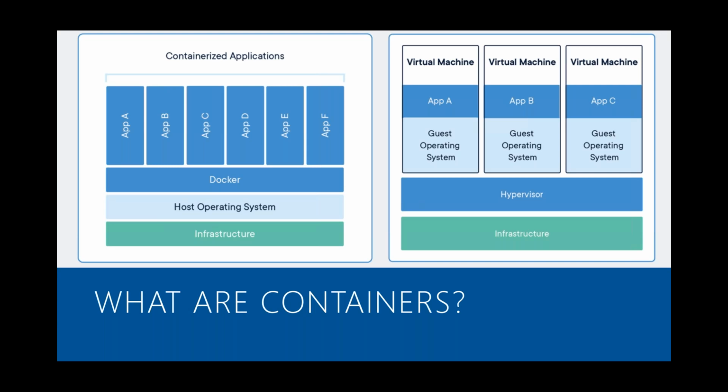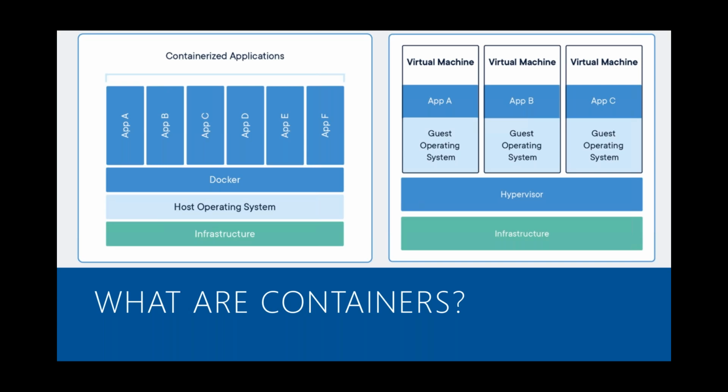We have the containerized applications, and then on the right, we have a standard virtual machine IaaS, infrastructure as a service model. You'll notice on the right that you're seeing typical virtual machines that have applications and guest operating systems that need to be managed, sitting on top of the hypervisor, which in this case would be Azure.